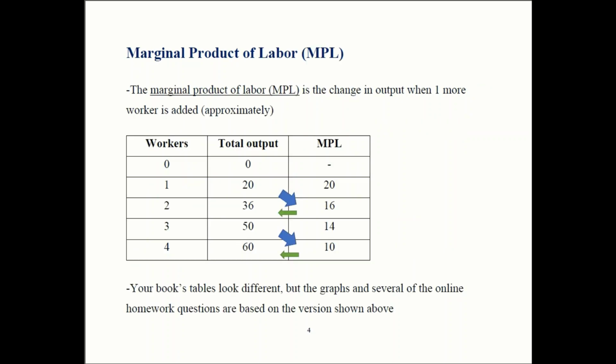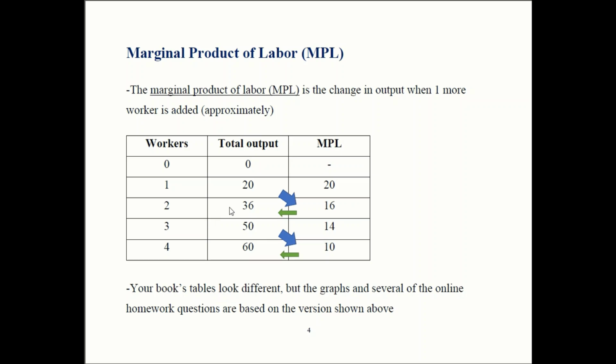So we had this example back in an earlier chapter. When you had no workers, you had no output. Let's say when you had one worker, your output goes up to 20. That's an increase of 20 from 0 to 20, so the MPL is also going to be 20. If you hire a second worker, now your total output is going to be 36.